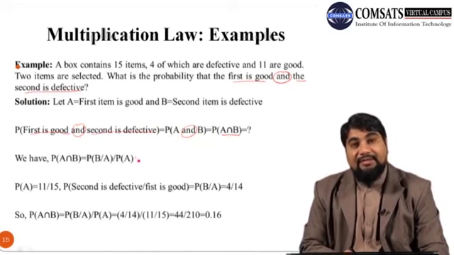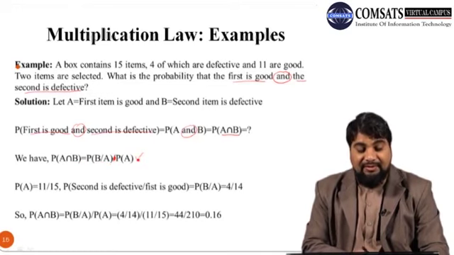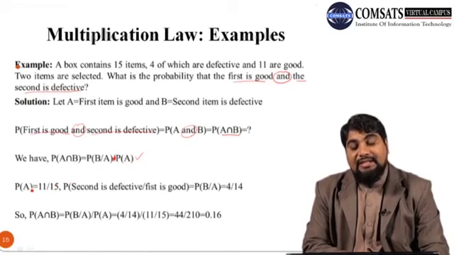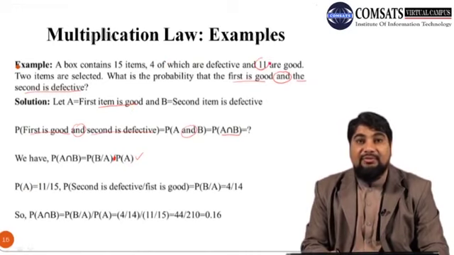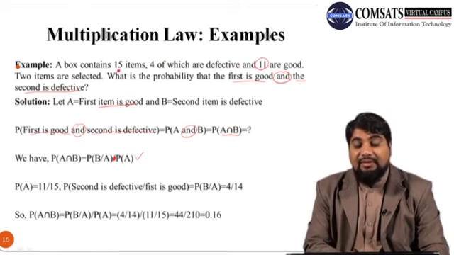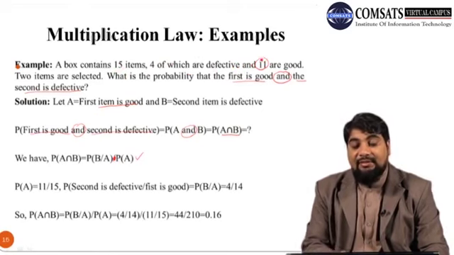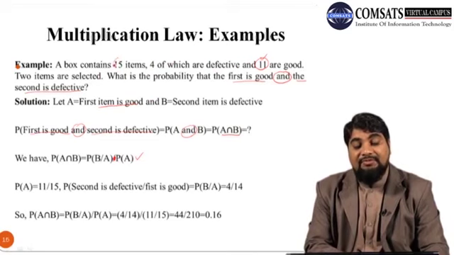So we know by the rule of multiplication that A intersection B is P of B given A times P of A. P of A is the first item being good. There are 11 good items out of 15, so the number of sample points in A is 11 and the total number of sample points is 15.